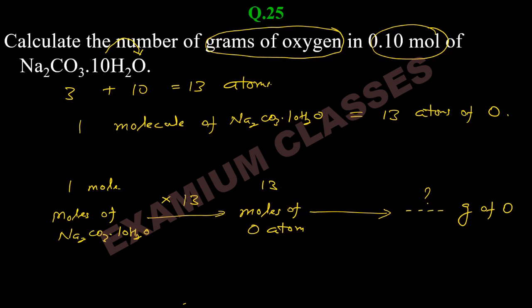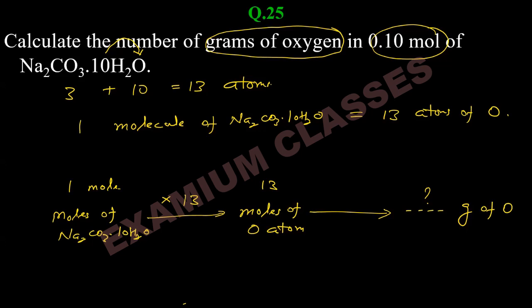Because there is a direct relationship, whether you consider one molecule with 13 atoms, or 1 into 6.022 into 10 power 23 molecules equals 13 into 6.022 into 10 power 23 atoms. So don't go into those details, you will get confused. Keep it easy. Whatever the relationship is in the particles, the same relationship is in moles. Moles are directly proportional to the number, because you just multiply by a constant, and that constant is Avogadro's number.